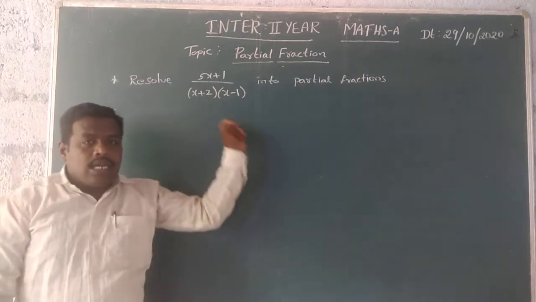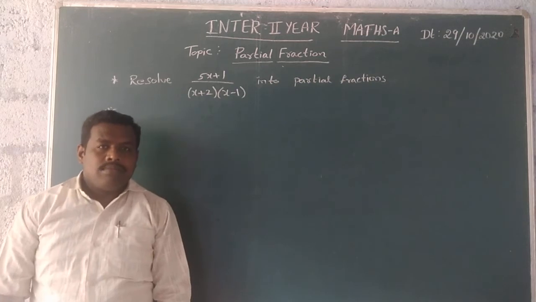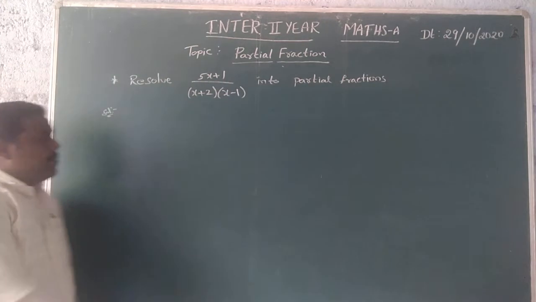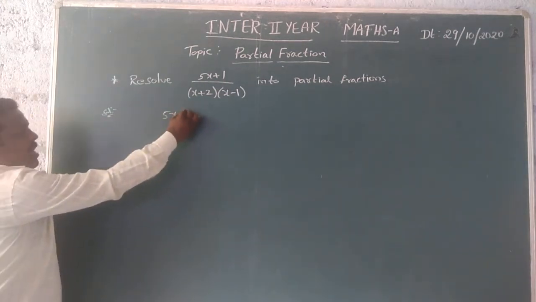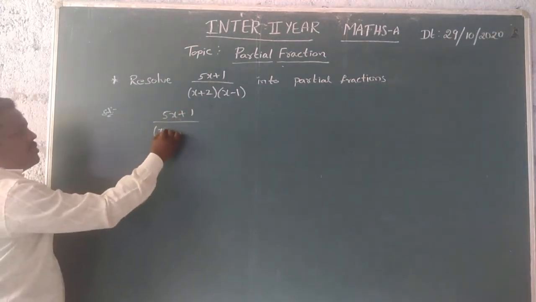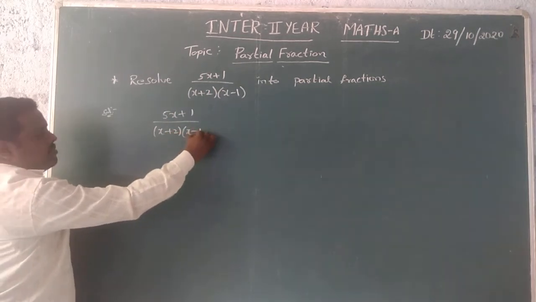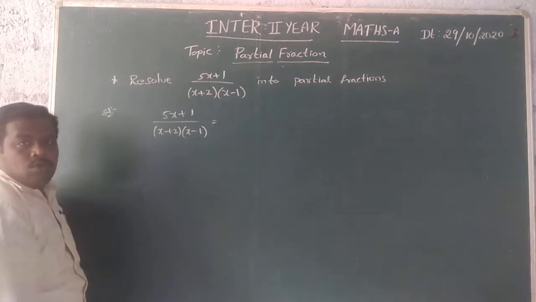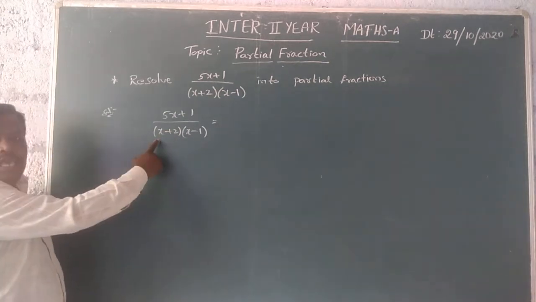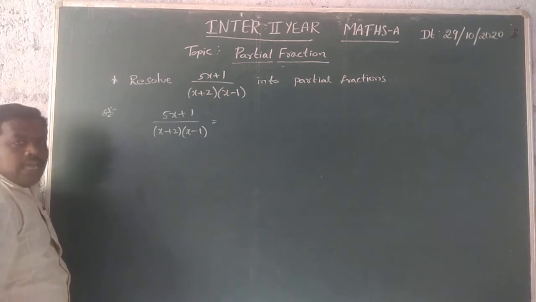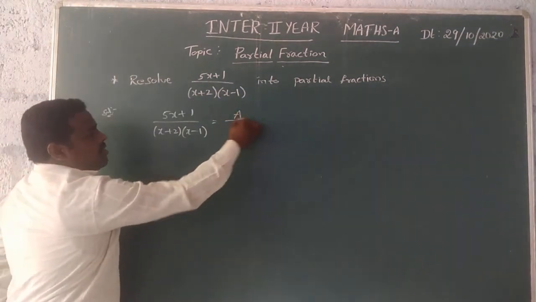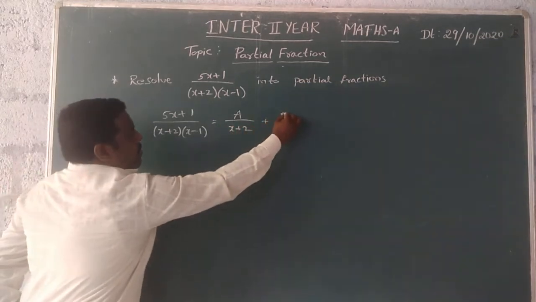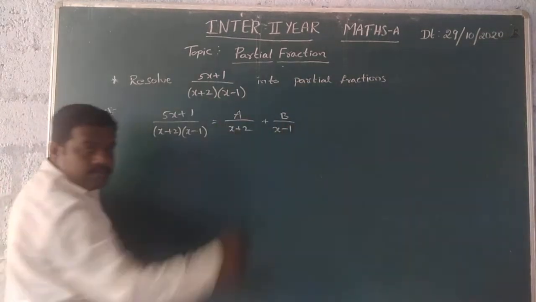If g of x contains non-repeated linear factors, then the form is A by ax plus b. The first factor is x plus 2, the second factor is x minus 1. So the partial fraction form is A by x plus 2 plus B by x minus 1.